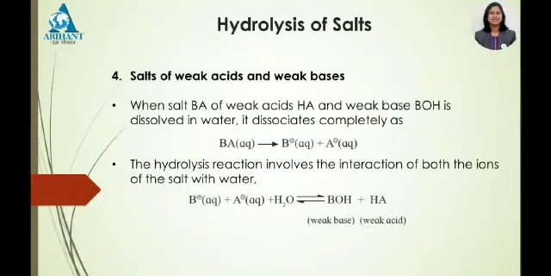BA gives you B+ ions plus A- ions. So the hydrolysis reaction involves the interaction of both the ions of salt with water. You can see in the reaction, B+ ions plus A- ions in water gives you BOH, that is weak base, plus HA, that is weak acid.